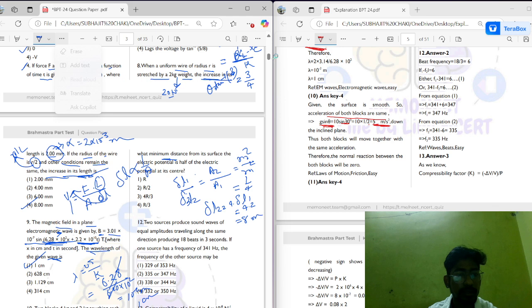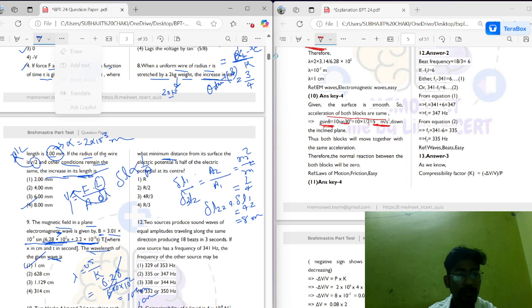The formula V equals kq by r, where r is the distance from the center. The electric potential inside the sphere is given by kq by 2r into (3 minus r square by R square). So at the center r is equal to 0, therefore V will be equal to 3kq by 2r.